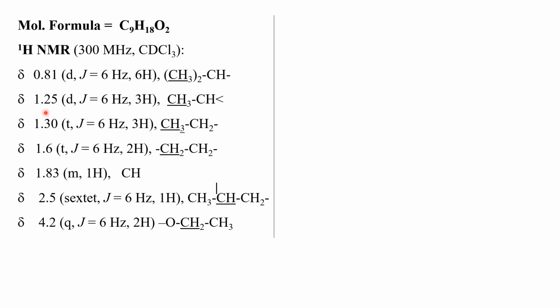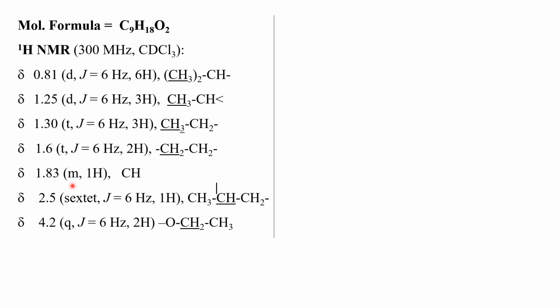The next signal at 1.25 delta is again a doublet for 3 protons, so a methyl should be attached to a CH. The next signal, 1.3 delta, is a triplet for 3 hydrogens, so the methyl should be attached to a carbon which carries 2 hydrogens. 1.6 delta shows a triplet with 2 hydrogens, so it is a CH2 attached to a CH2.